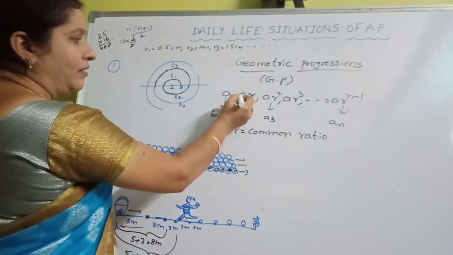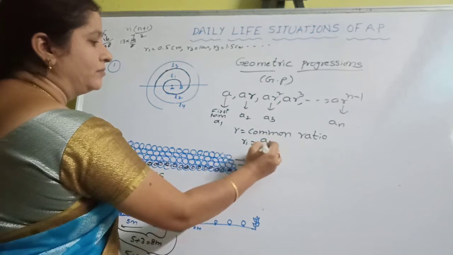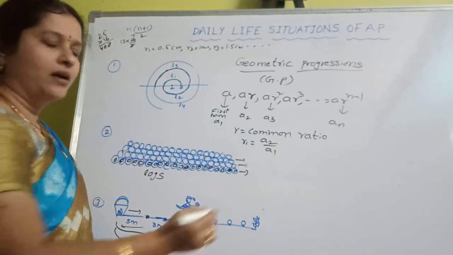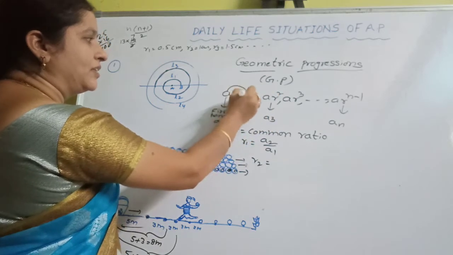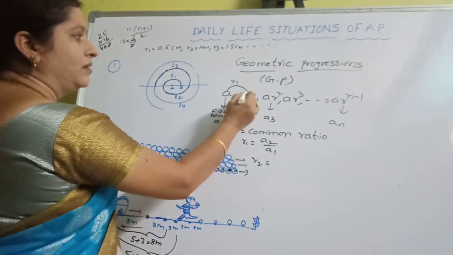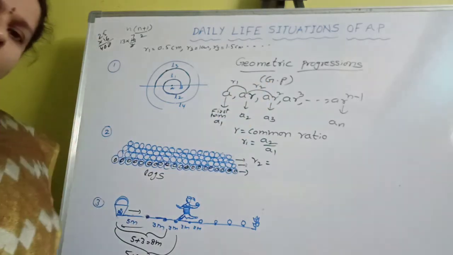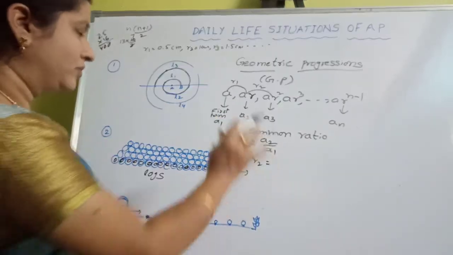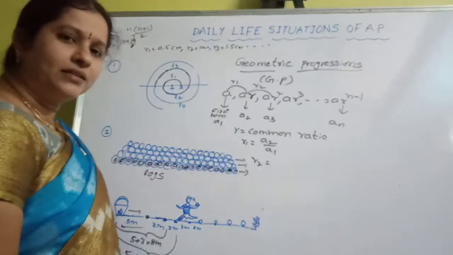Okay. Here r1 equal to a2 by a1. This is the first ratio r1. Then r2 equal to a3 by a2, the second ratio. If all the ratios are equal, then the series is in GP.